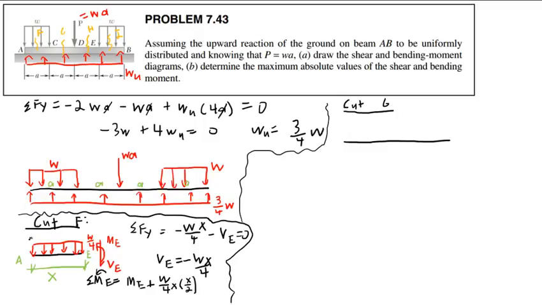Again, the equivalent point force will have a total value of Wx over 4 and a moment arm of x over 2. So ME, therefore, and all this equals 0. So ME is equal to, let's see, that looks like negative Wx squared over 8, I believe. Negative Wx squared over 8. All right. So we have that, and we have that.